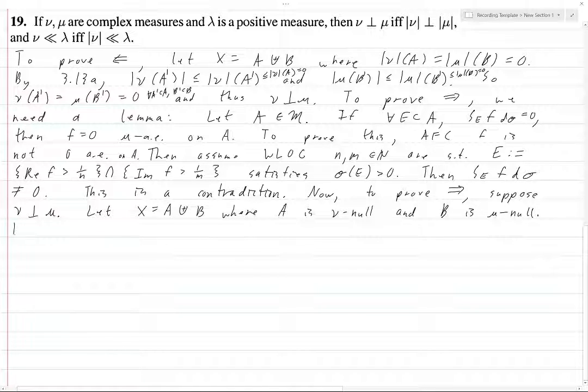So now let E be some set such that lambda of E is equal to 0.